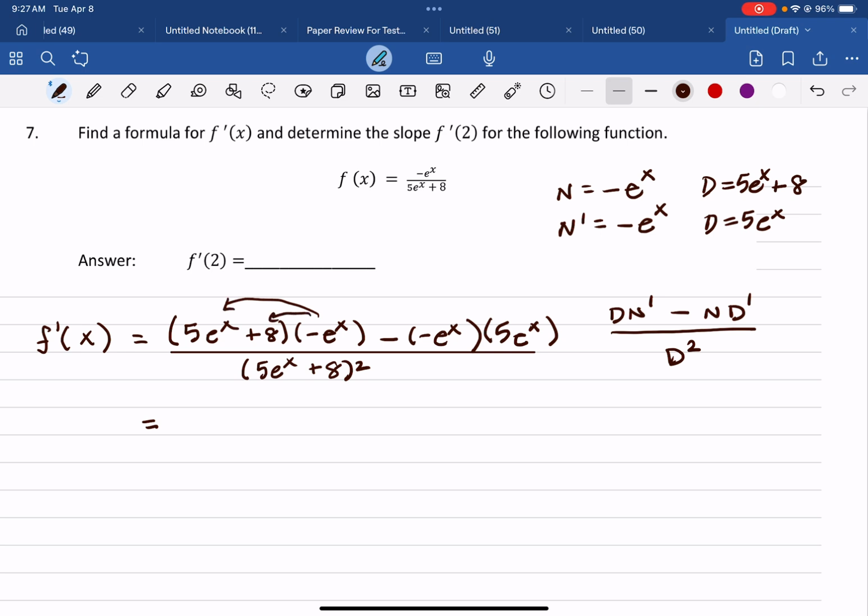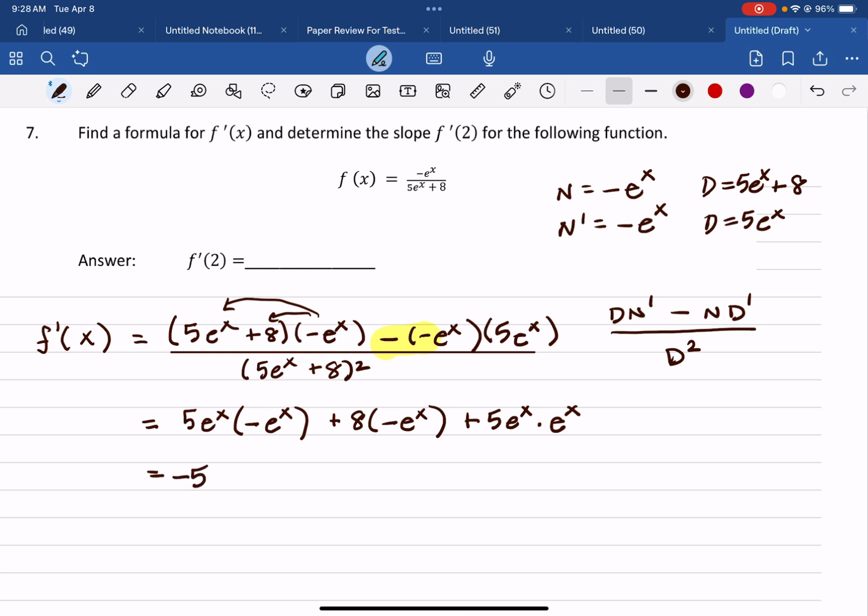So it's going to be 5e to the x times negative e to the x plus 8 times negative e to the x. And here I'm going to acknowledge a negative and a negative make a positive 5e to the x times e to the x. All right, so here I've got a positive times a negative, so that's a negative 5.